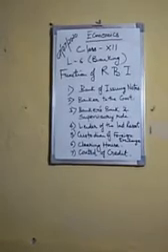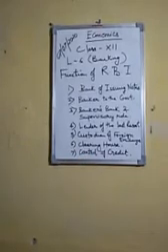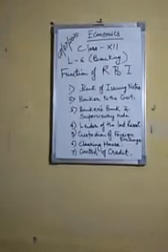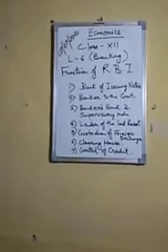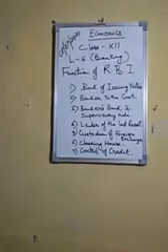Now the last function of the RBI is control of credit. It is one of the principal functions of the central bank. The central bank controls the money supply and credit in the economy. It implies increase or decrease in the supply of money in the economy by regulating the creation of credit by the commercial banks.